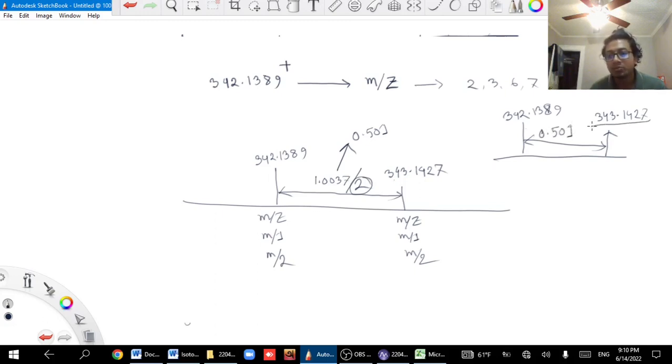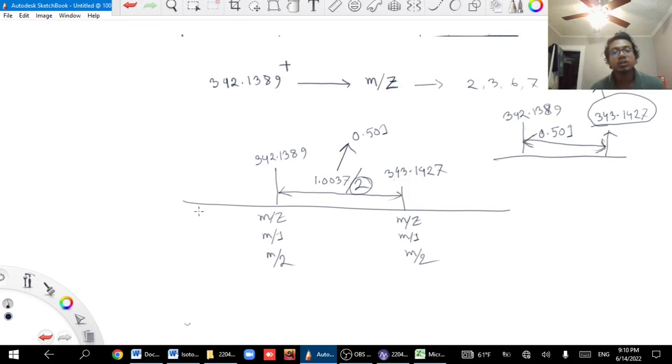Then this value is also modified, right? So this value could be 342 plus 0.501. So this is like 342.6390, like that. You can calculate that, I think. So this value is 342.6390, and you will find that the difference is 0.501.